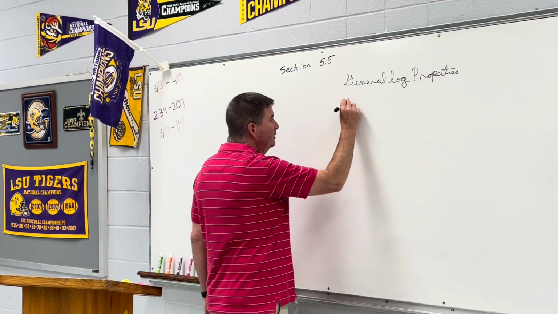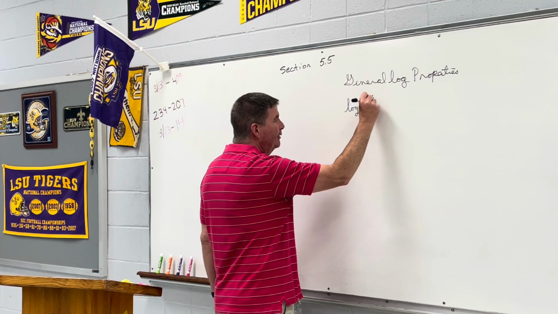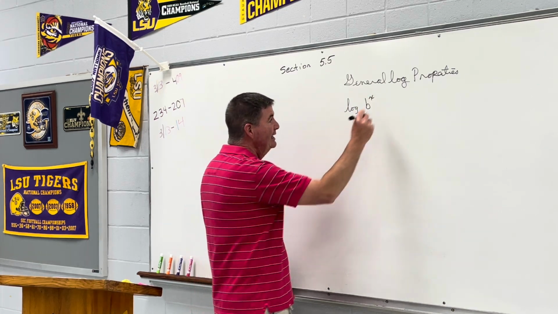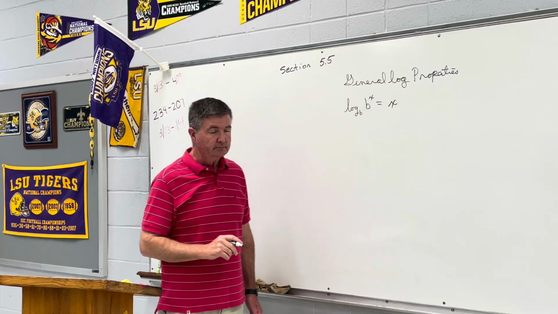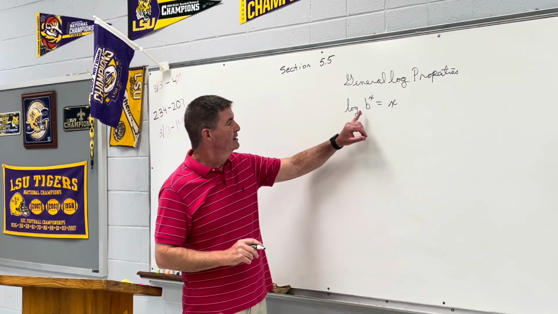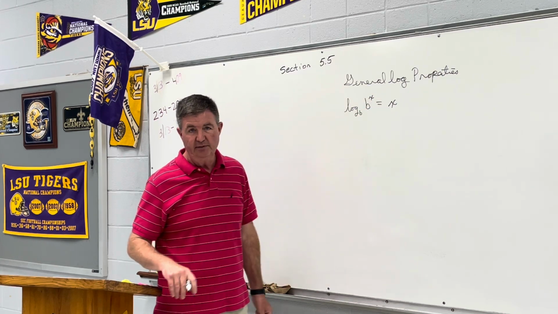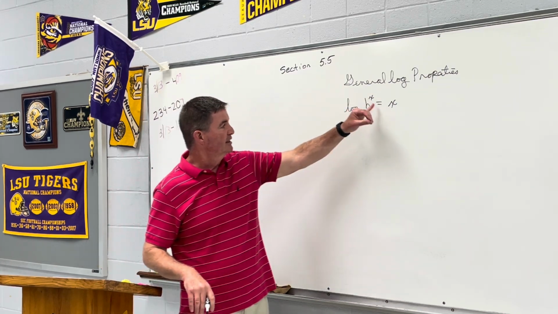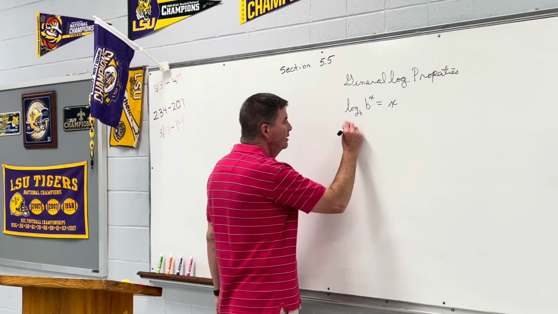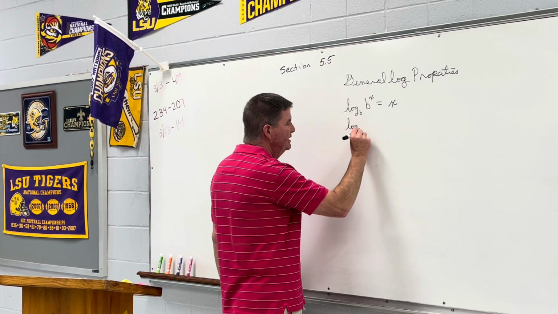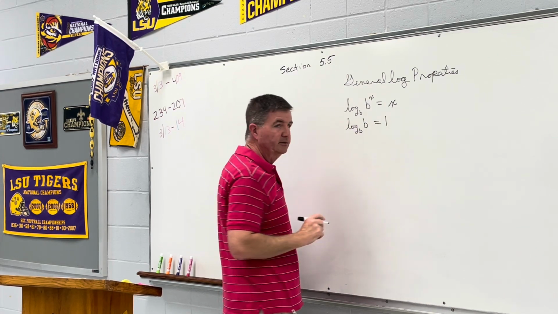There's log base b of b to the power of x. If that's what we come up with, the answer is x. So if the base is the same as the exponent, then the answer is whatever the exponent is. We have log base b of b is equal to 1.